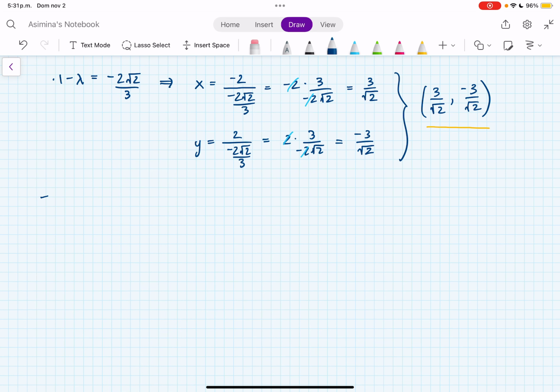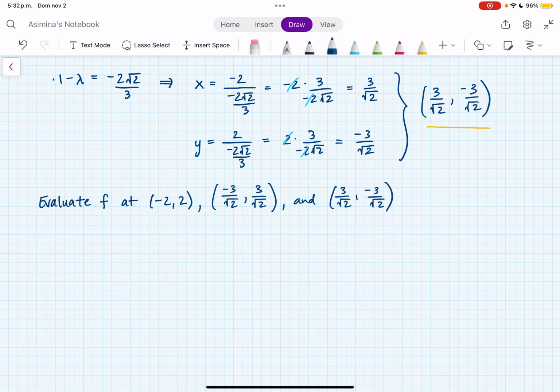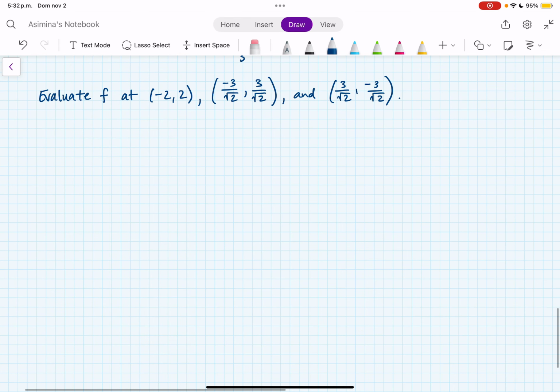We want to evaluate f at the points minus 2 comma 2, minus 3 over root 2 comma 3 over root 2, and 3 over root 2 comma minus 3 over root 2. So let's start evaluating.